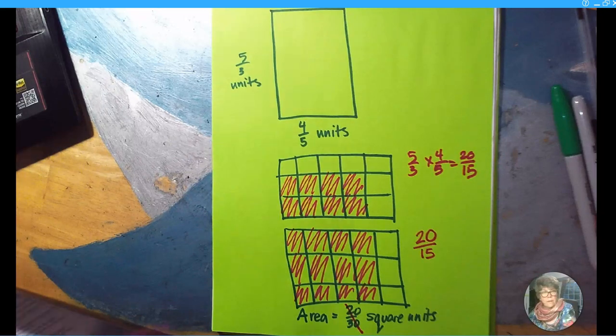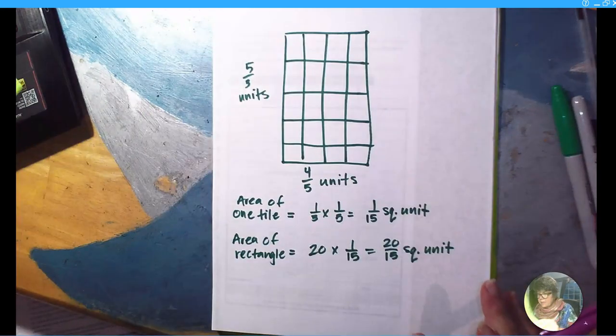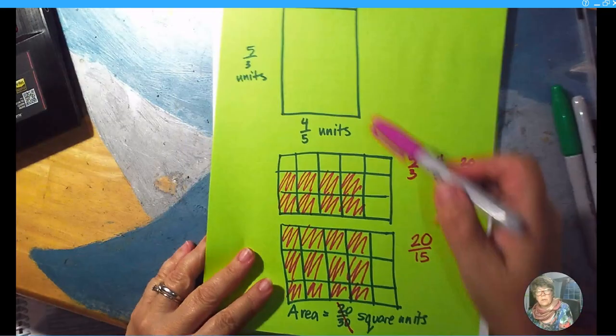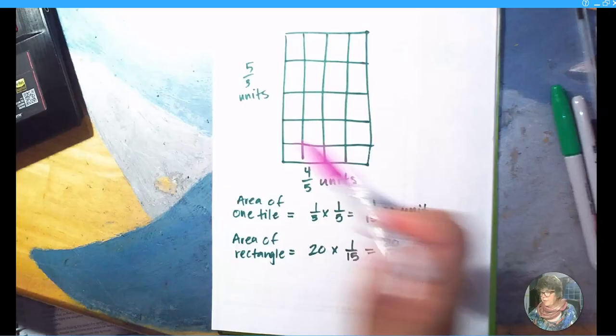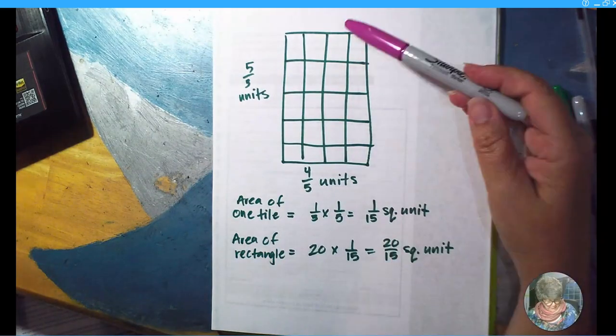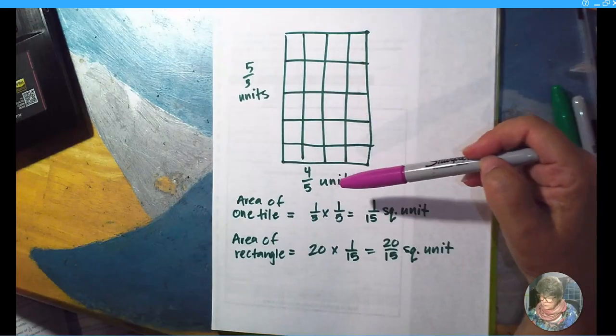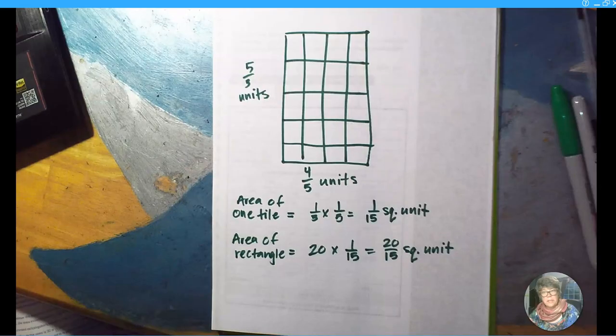Okay, and let's look at one more. This is the same rectangle with 5 thirds and 4 fifths, but in this case we tiled just the 5 thirds and 4 fifths without expanding it out into unit squares.